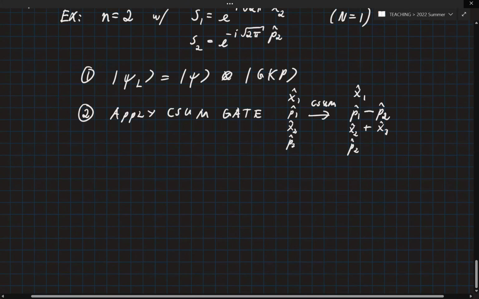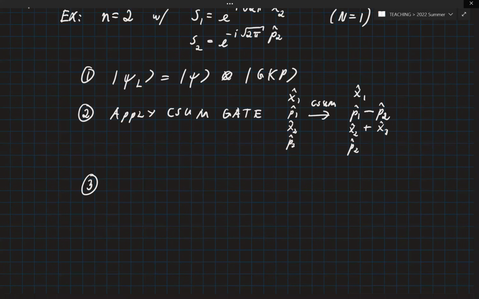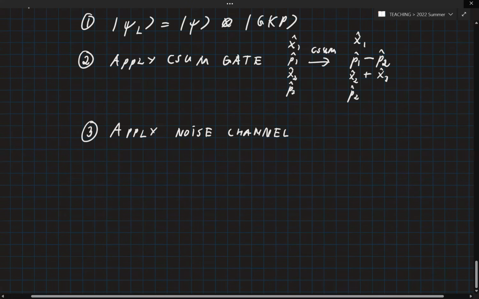And the way you do error correction in this code is at this point you apply the noise channel. So this is the part where you send it through the noise channel. I'm going to show you why these codes are beneficial.